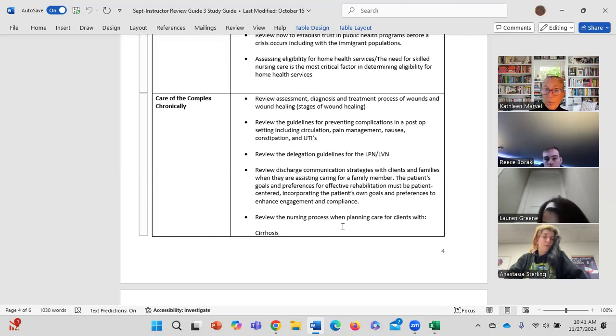Review the guidelines for preventing complications in post-op settings, right? Obviously, in the post-op area, we're looking at circulation issues, pain management issues, nausea, vomiting, constipation. That was in the few short pages you had.